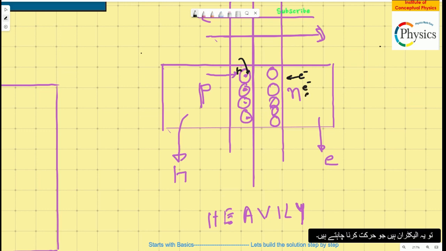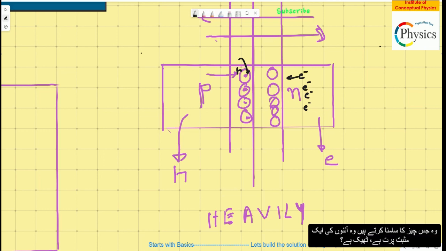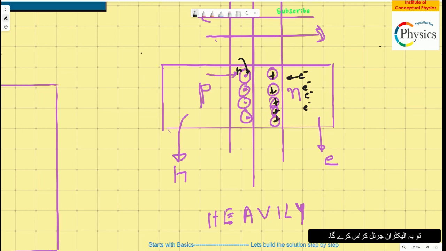Okay, so these are the electrons which want to move. They're coming from where? They're coming from the pentavalent impurity, the free electrons which are in the conduction band. They want to move. What they encounter is a positive layer of ions, right? So this electron generally would cross over and reach the other side.